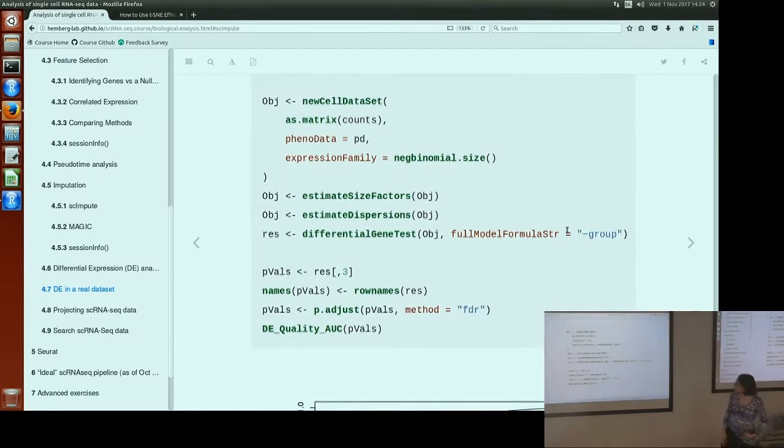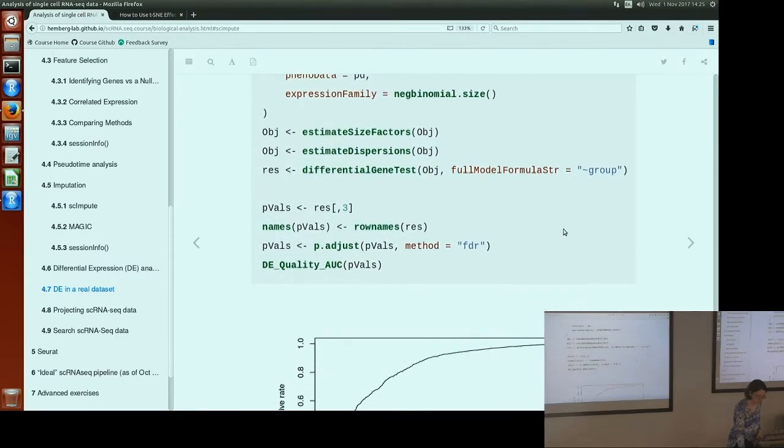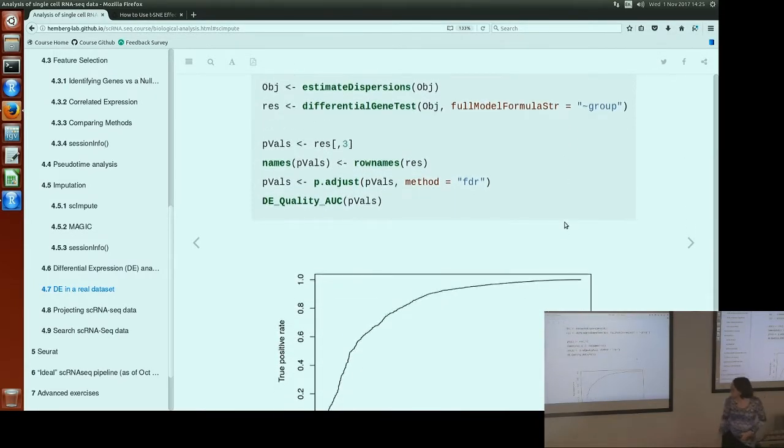And this is how you run it. We already saw how we have to create our own object for Monocle, and then estimate the size factors and estimate the dispersions, and we can use the differential gene test and provide our model as a string. And we take the results and plot the quality measures.